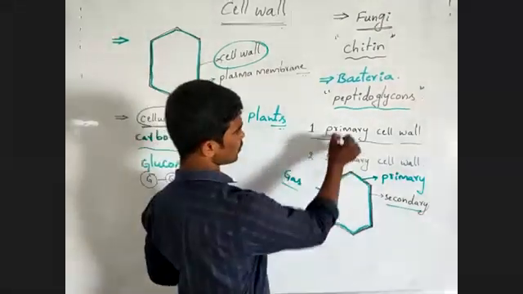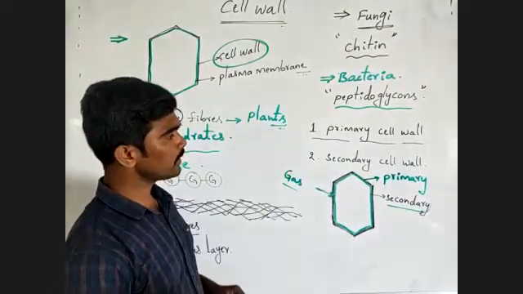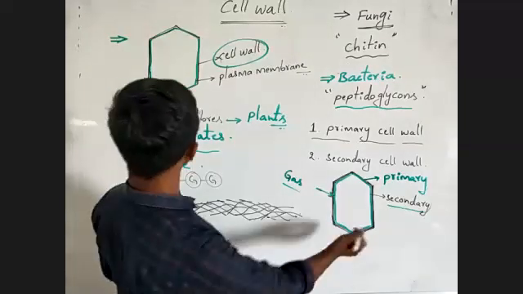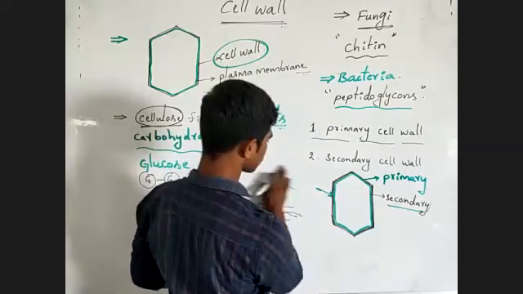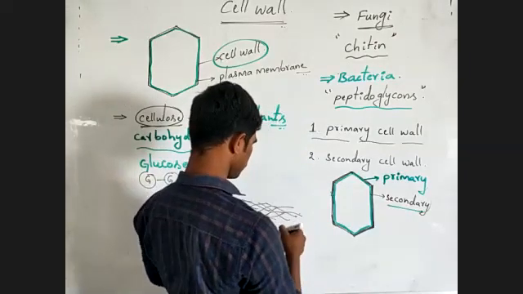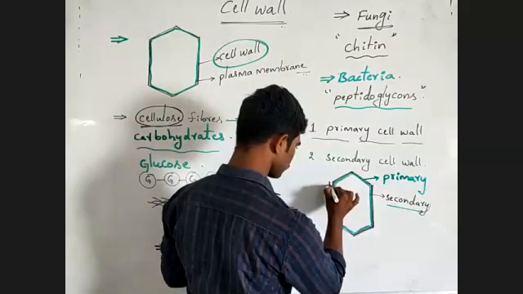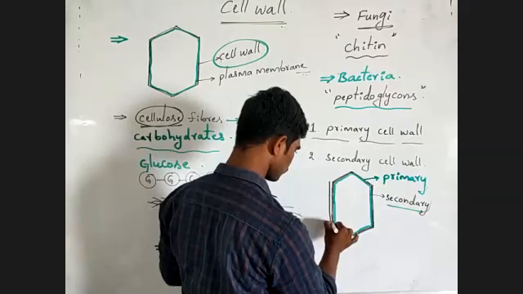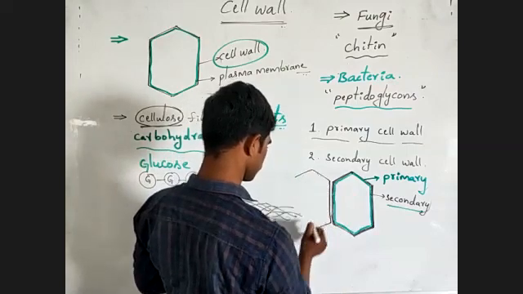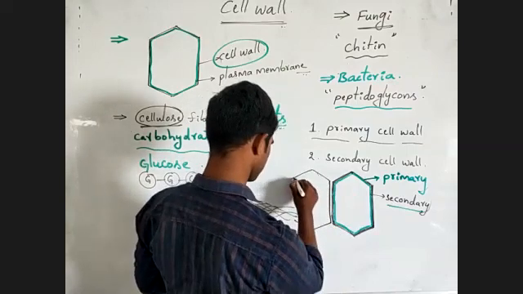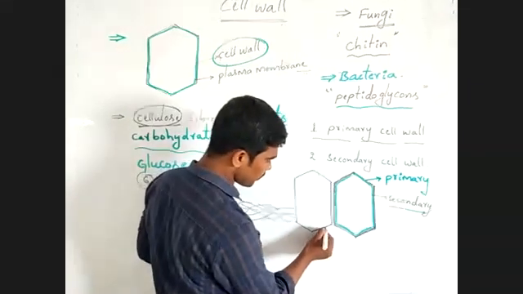Understanding? These are two types of cell walls. Here, imagine this is a cell. Next, this is another cell. Here, this is the primary cell wall.